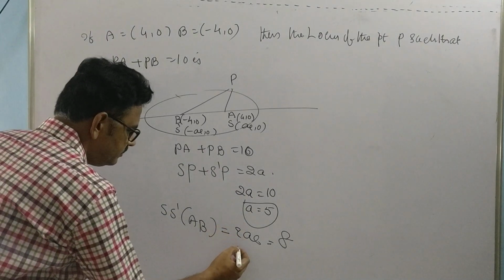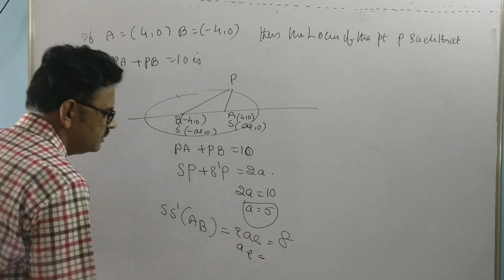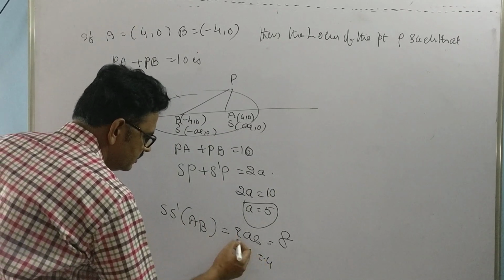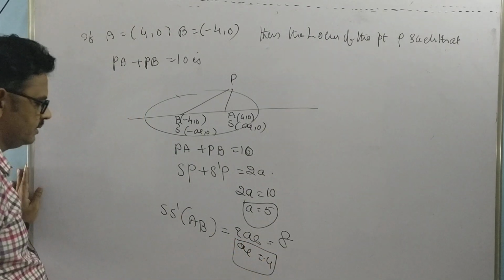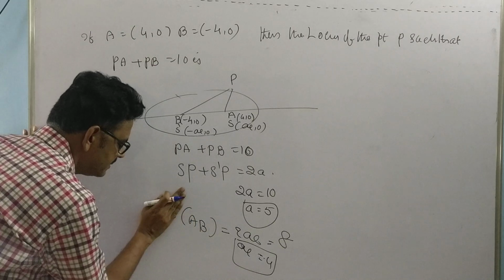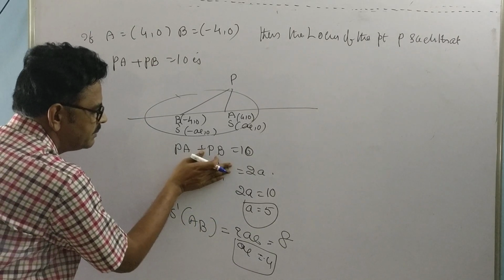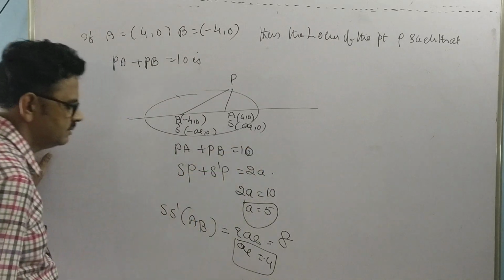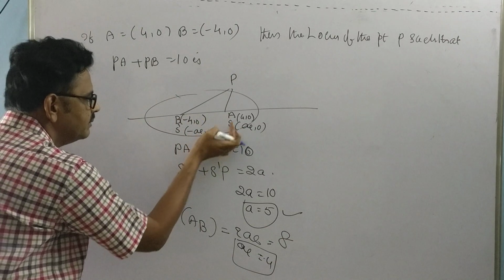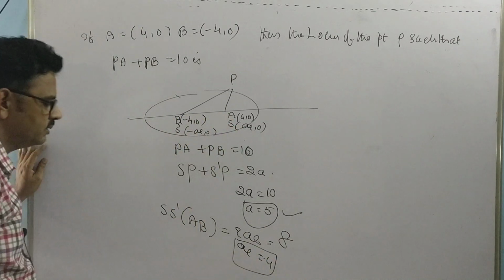Therefore AE is equal to 4. Now SP plus S dash P equal to 2A, 2A is 10, so A equal to 5. Distance between the foci, 2AE, means 8, so AE equal to 4.